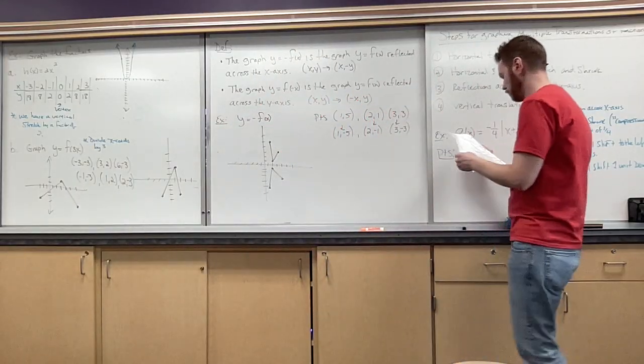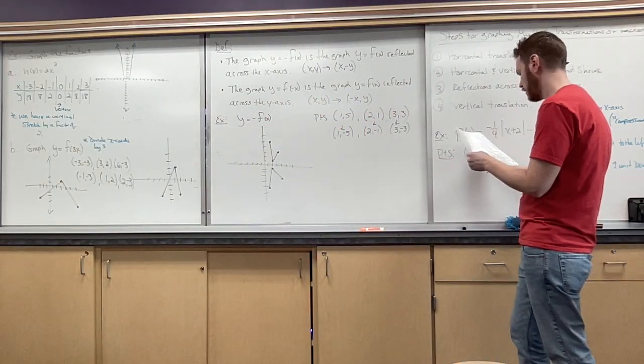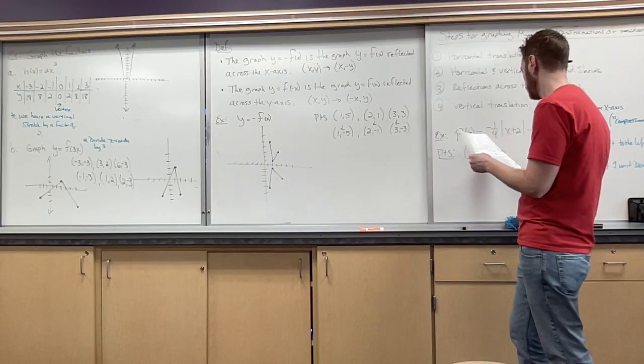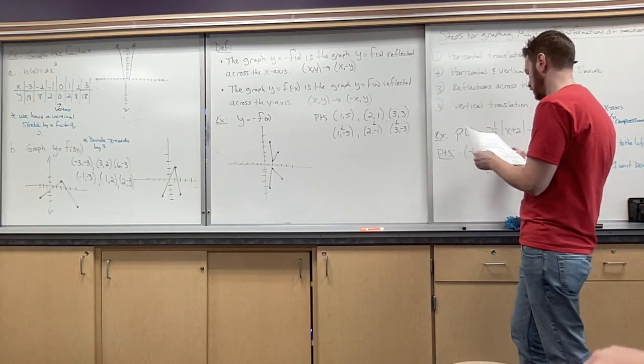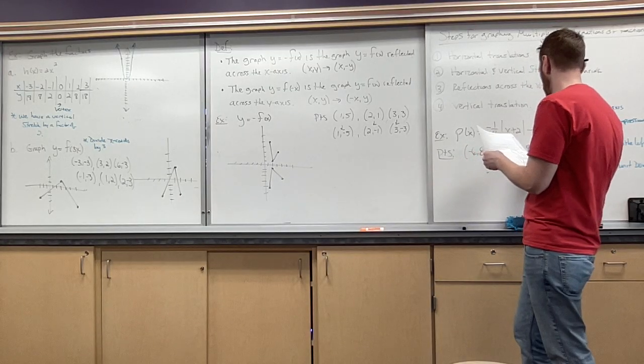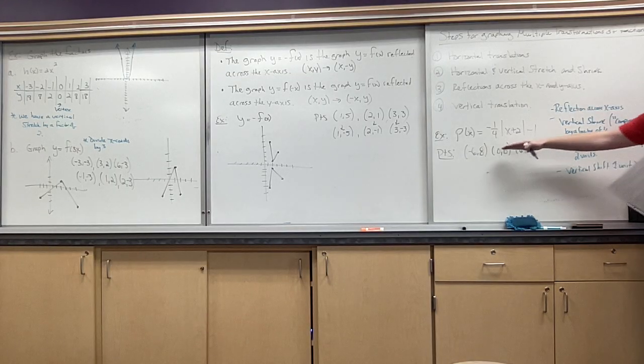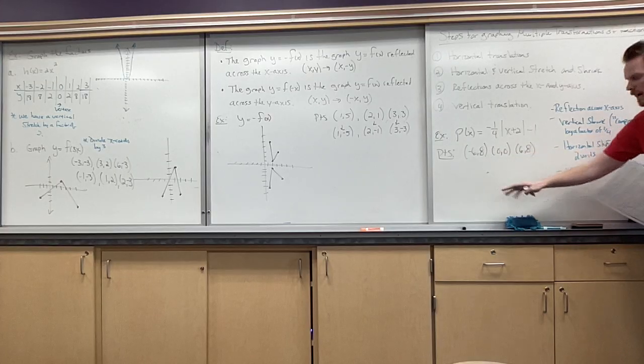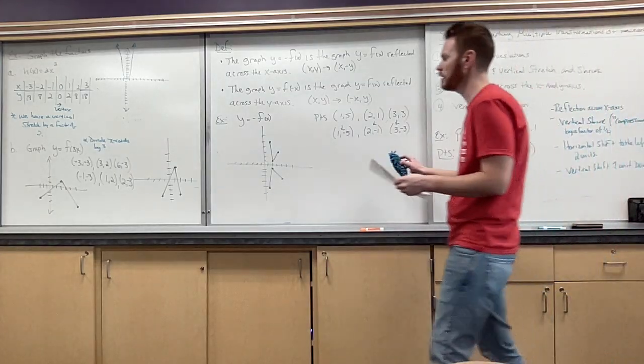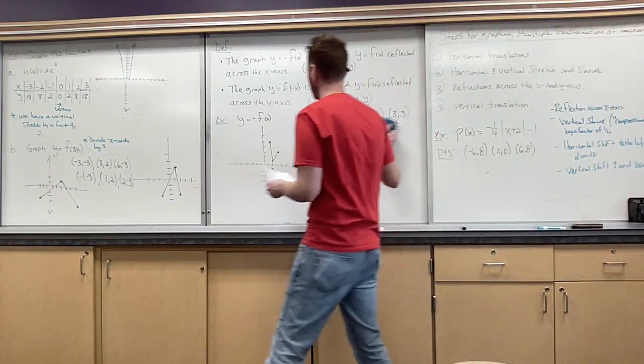So from the parent graph, let's go ahead and have these points: -6, 8, 0, 0, and 6, 8. So what I'm doing is just plotting generic points, and then I'm going to use these transformations against the points, and then I have a final picture in the end. I like to do a side by side.